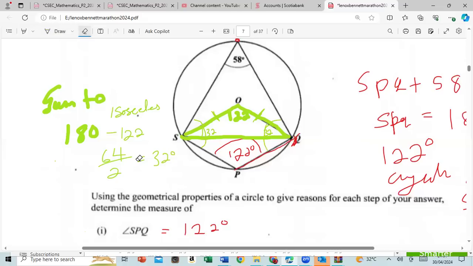Let me see if you give me this. 58, sir. Yeah, because that's how we get this in the first place, because this plus this equals 180. So where the O is, when you double 58, what do you get? 116. Yeah, so how did we get that 122 here? Oh, am I in error, man?